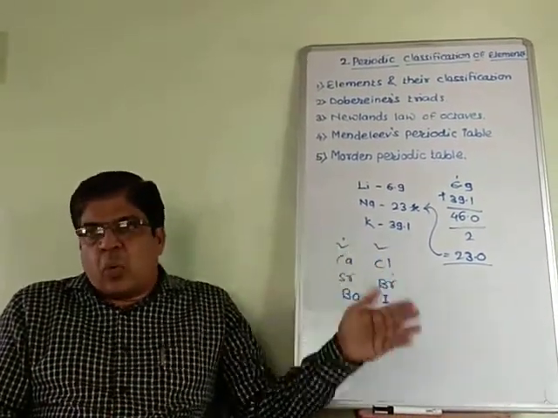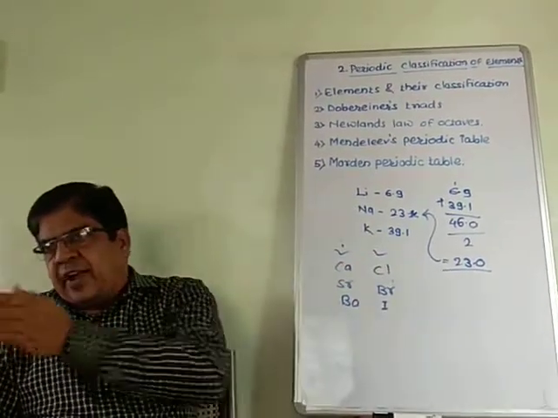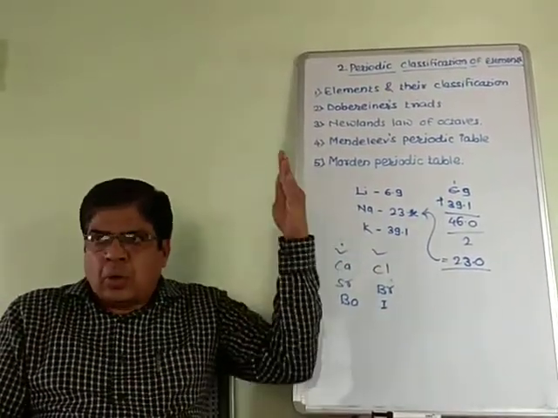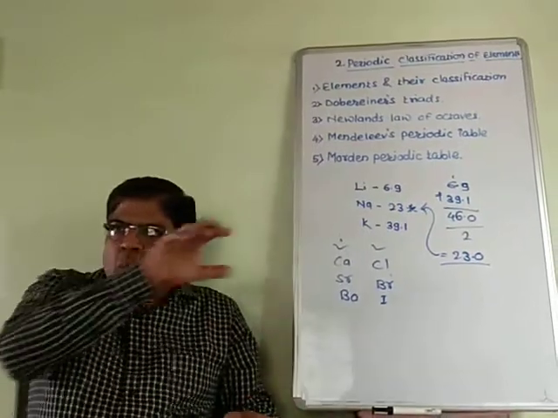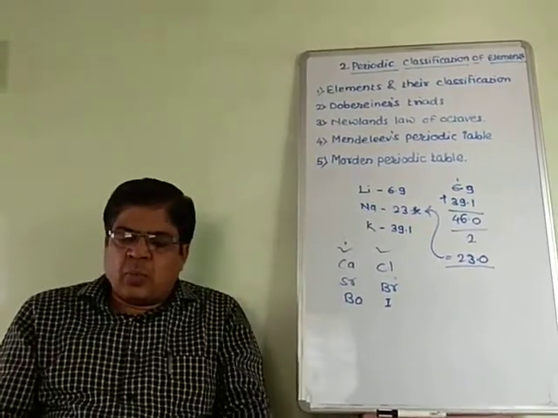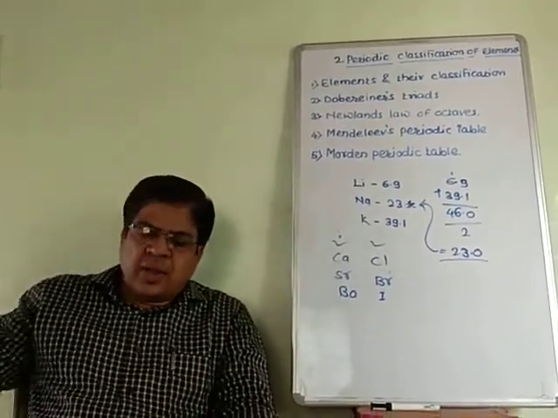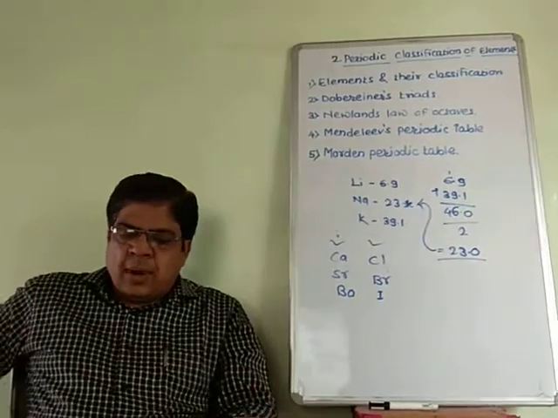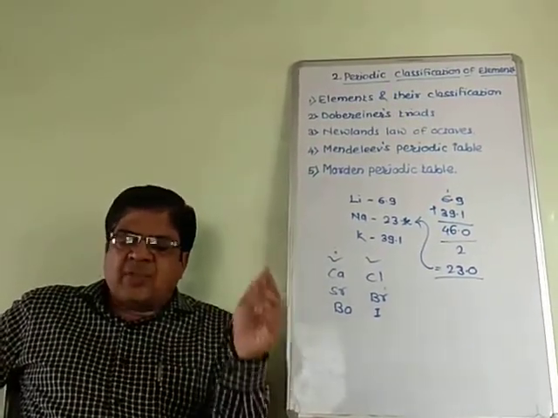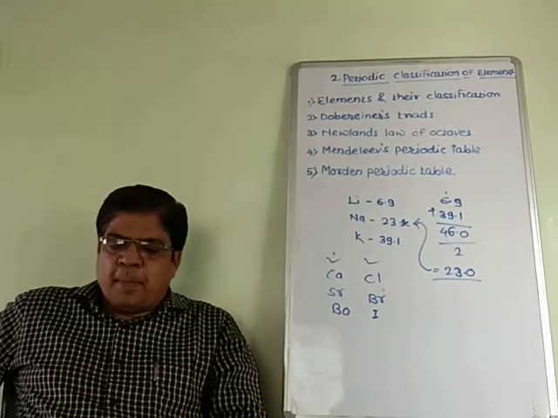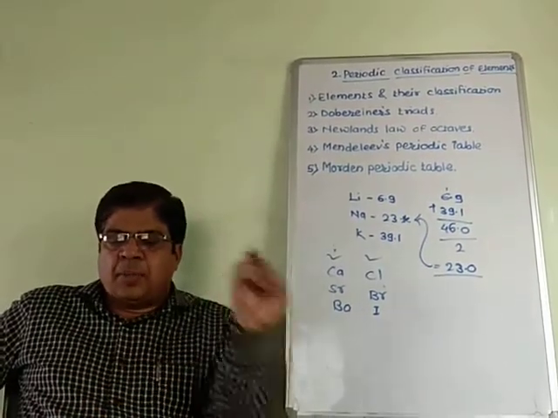As we go from group 1, column 1, to column 18, the atomic number increases by 1 at a time, and the number of valence electrons also increases by 1 at that time in the modern periodic table.